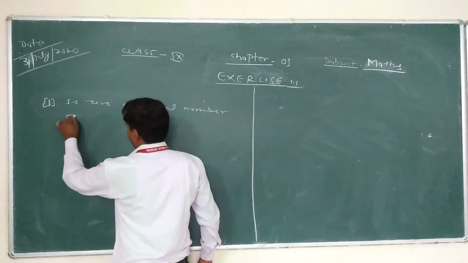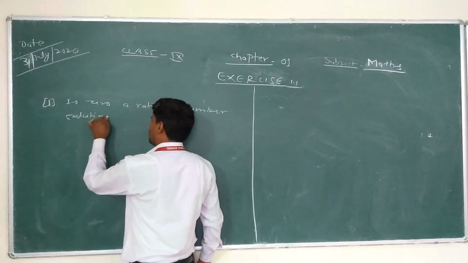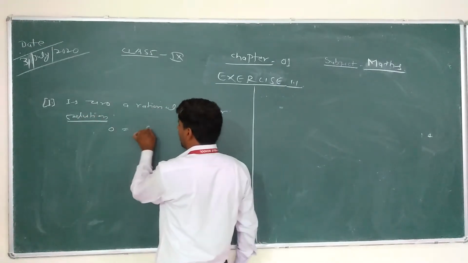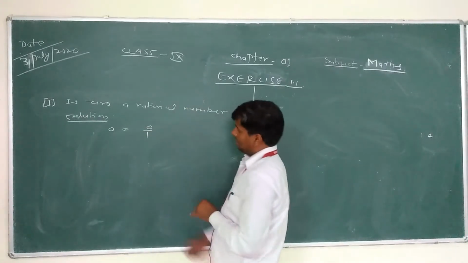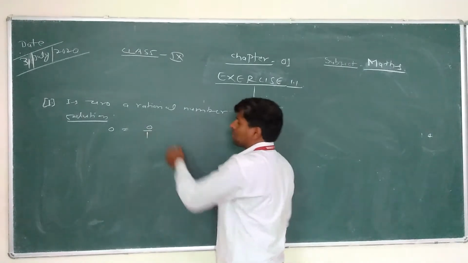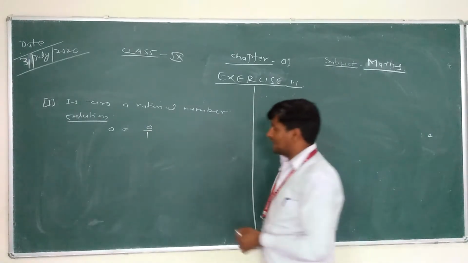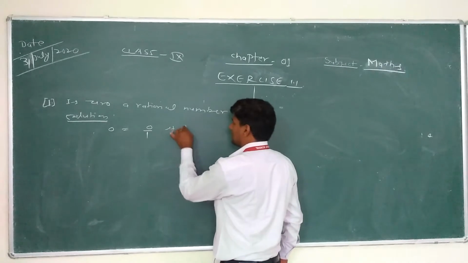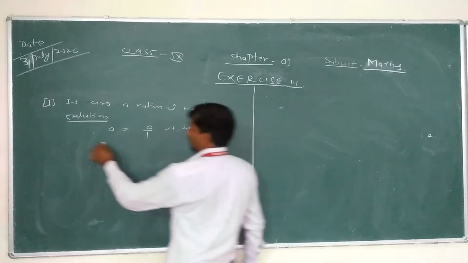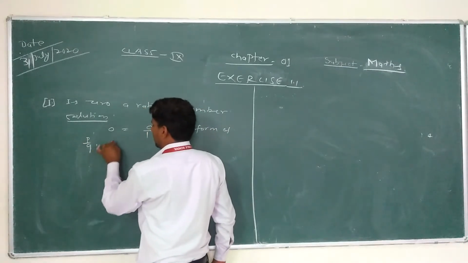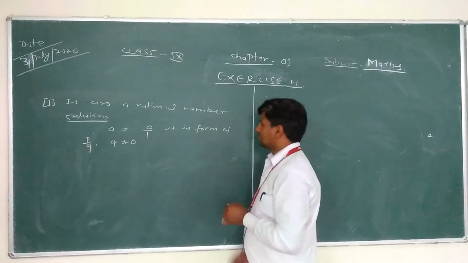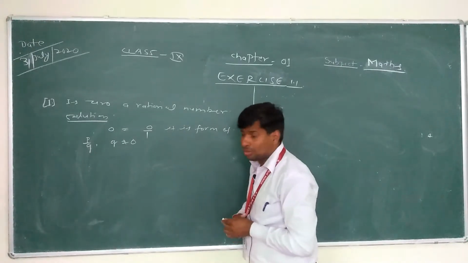So see here, 0 you can write as 0 by 1. It is the form of p by q, and here also q does not equal 0.